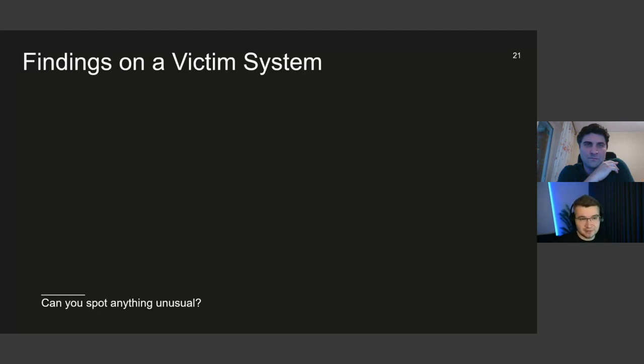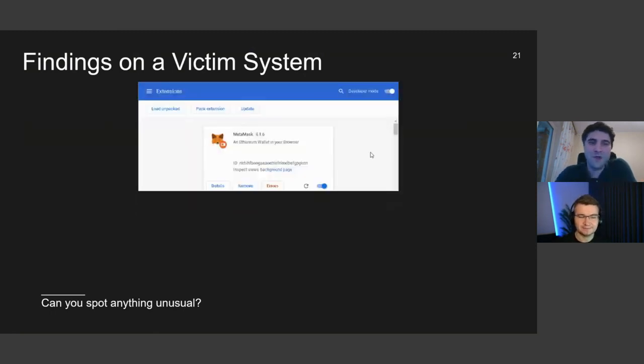Speaking of the findings, what else is left on the victim system and what did we manage to discover? Over to you, Dan. Basically, now the victim is infected. They have malware which gains persistence, and the attackers are able to modify system files.